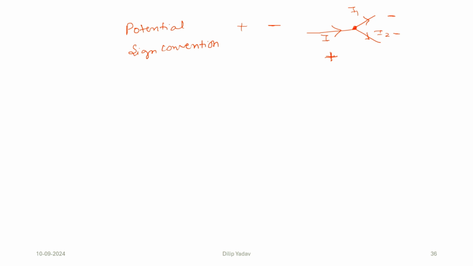Then we have differentiated the difference between power, energy, and work done. This we have covered. Then we have studied the network elements. There were different elements and different classifications. That was unilateral.